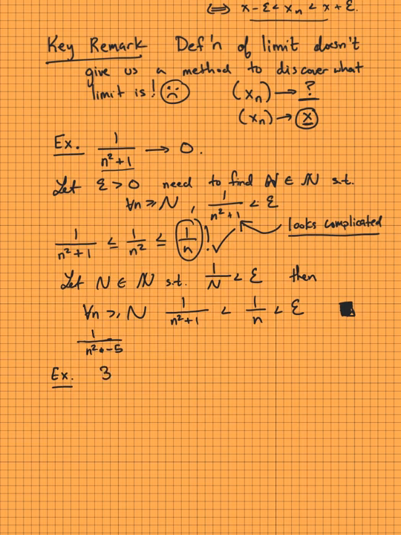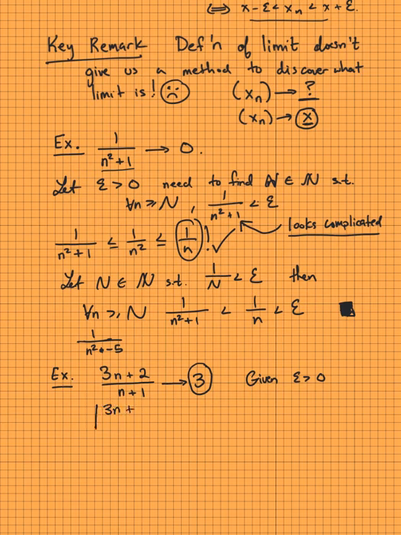We're going to show that 3n plus 2 over n plus 1 converges to 3, okay? So how do you show this? Again, it's lucky that we kind of know what the answer should be. All right, so again, given an epsilon greater than 0, let's just write down, since this is a little different, what we actually need to show.